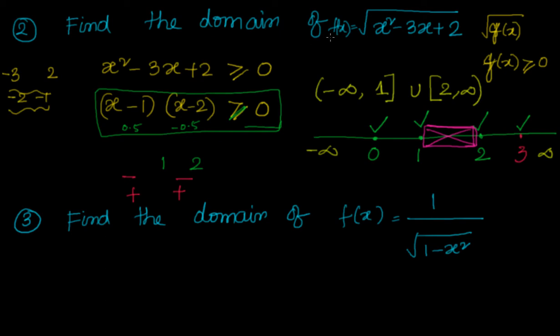So we can see that the domain of this function f of x equal to square root of x square minus 3x plus 2 is nothing but minus infinity to 1, 1 is included, union 2, 2 is included to infinity.